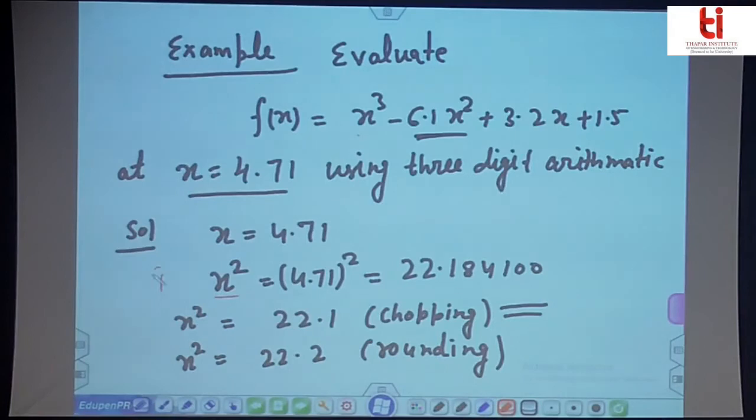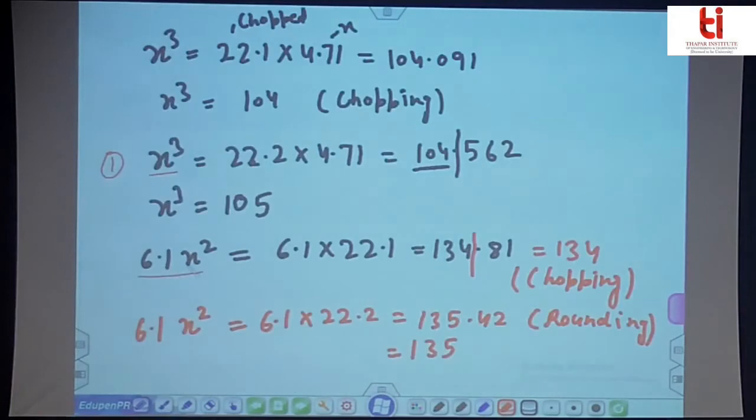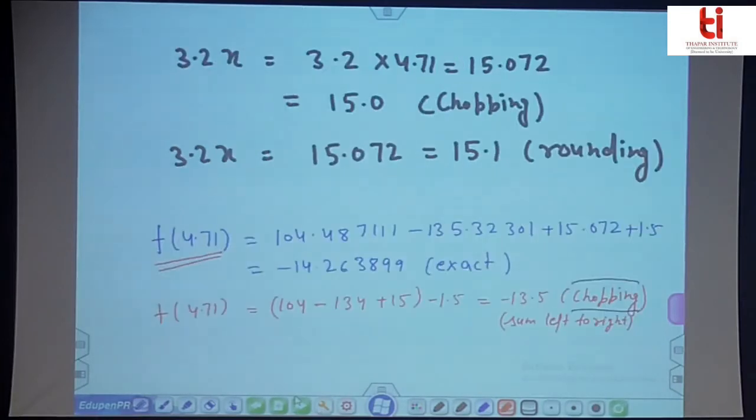Here we have used one operation. There is one more operation, 6.1 into x square, that is multiplication. After that there is one more operation, 3.2 into x. This is one more multiplication operation. One multiplication. Okay.